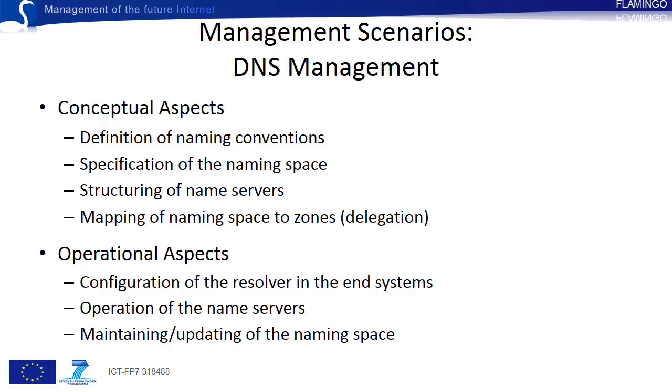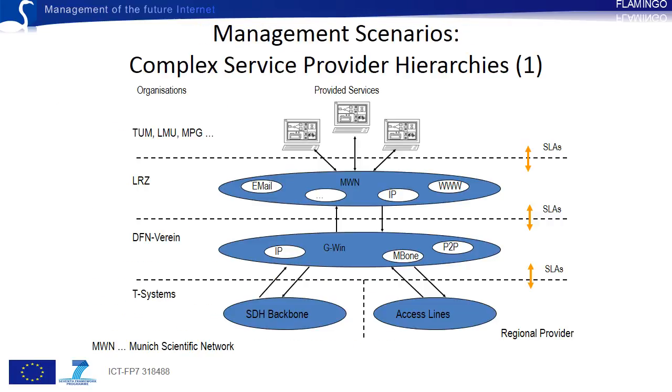The operational aspects cover the configuration of the resolver in the end system and the operation of the name service. The maintaining and updating of the naming space is also an operational aspect, which has to be included in the DNS management. The next slides describe 3 complex service provider hierarchies as examples of management scenarios.